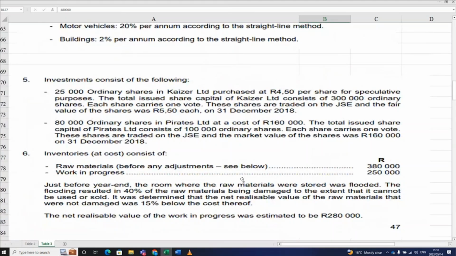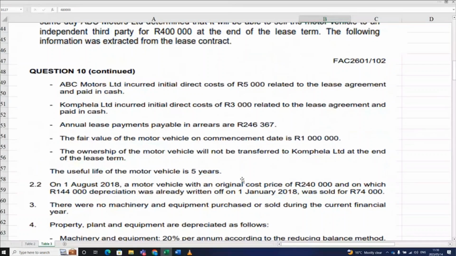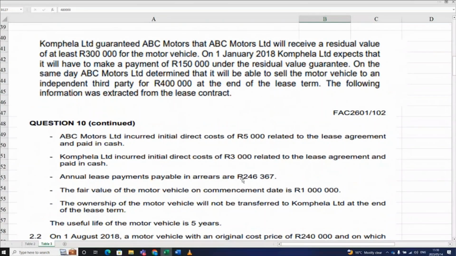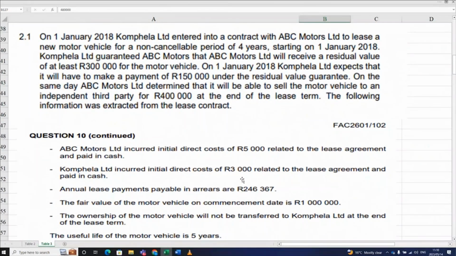We'll then go on to the leases question, okay? Because that looks pretty straightforward, all right?